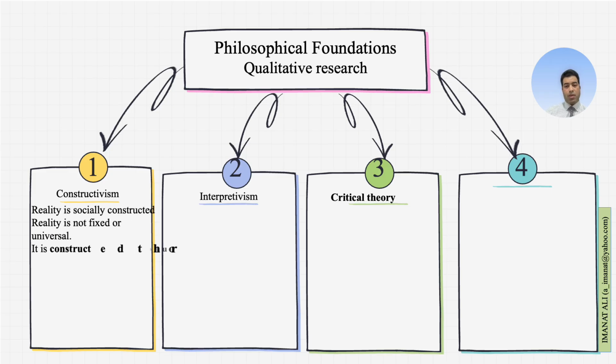So constructivism, as from its root, to construct: reality is socially constructed. Reality is not fixed or universal. Any reality is being constructed through human interaction, experience, and interpretation. So for that purpose, the philosophical foundation is based on qualitative research.